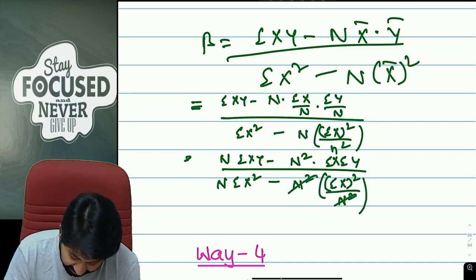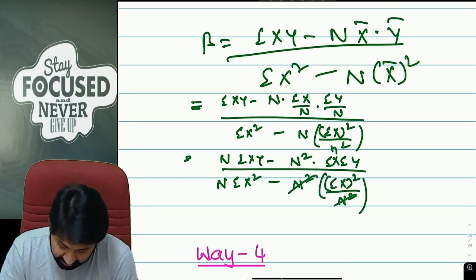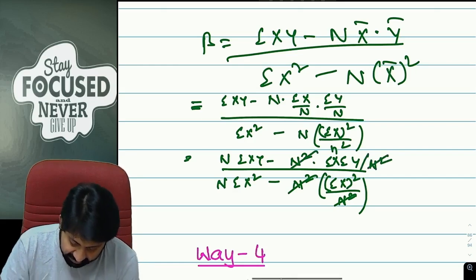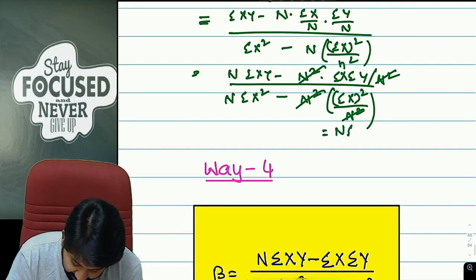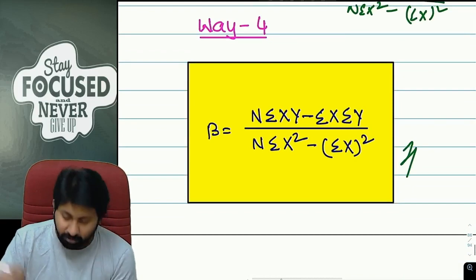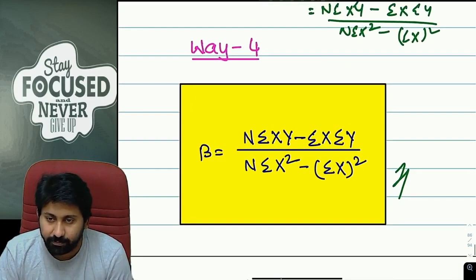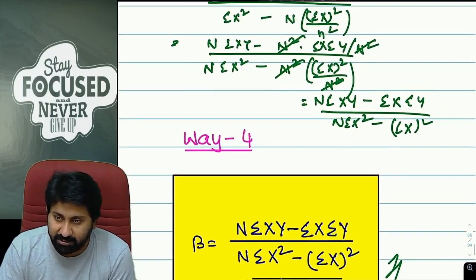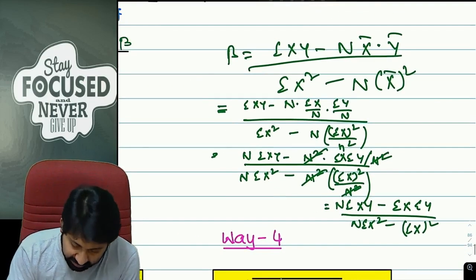N square cancels here. Clear? Here also sigma x sigma y whole divided by n square will be there. This n square and this n square will be cancelled. N sigma xy minus sigma x sigma y whole divided by n sigma x square minus sigma x the whole square. That is how this formula has been derived.